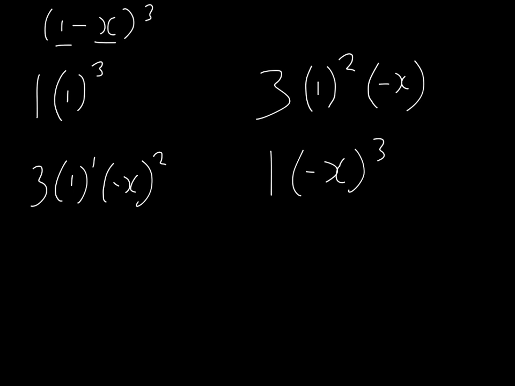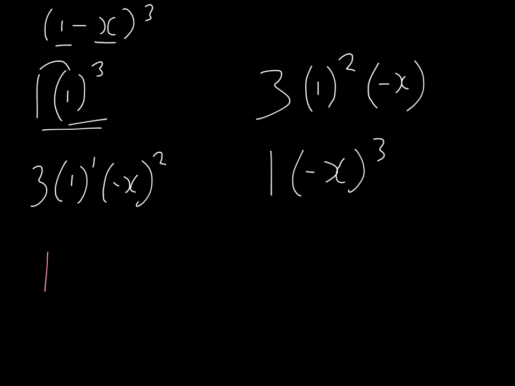So looking at the first term, I've got 1 to the power of 3 just here, but 1 to the power of anything is just 1 anyway, so it'd just be 1 times 1, which gives me 1. And I'll tell you what, I'll do that in a different colour so you know my answers there.